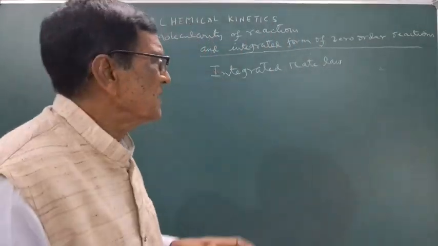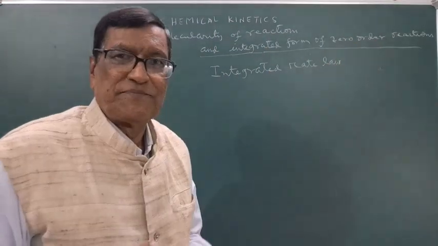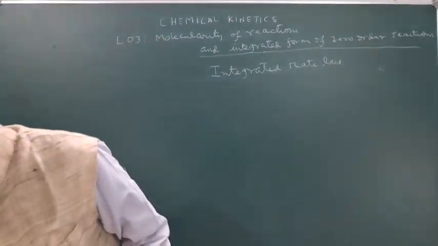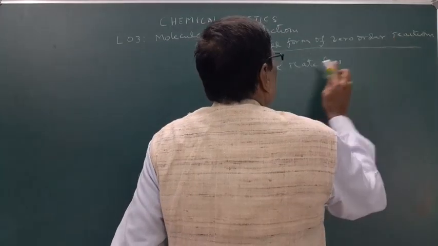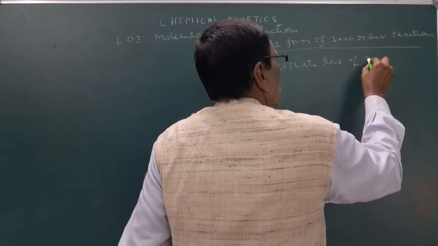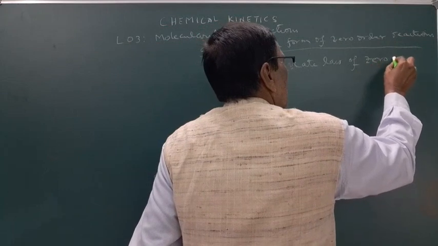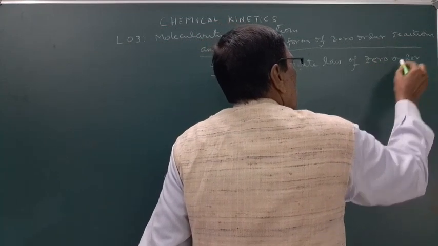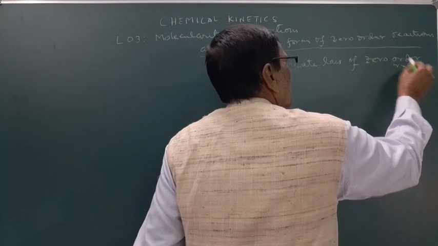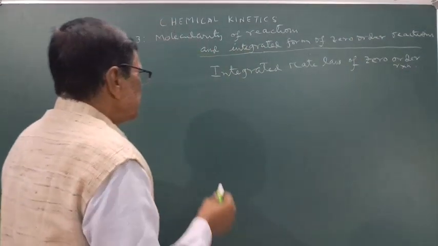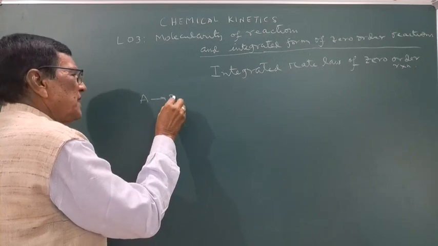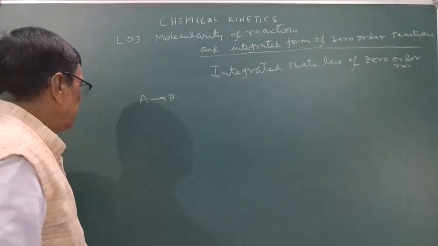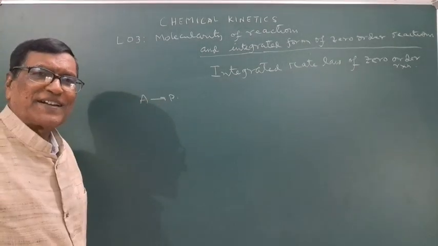We start with the zero order reaction, the integrated rate law of a zero order reaction. Suppose the reaction is A to P, A is the reactant, P is the product.